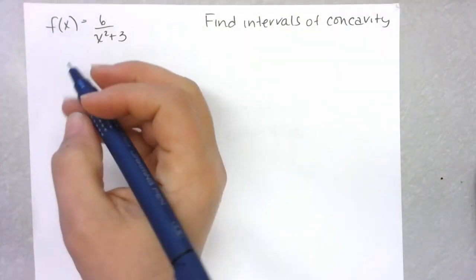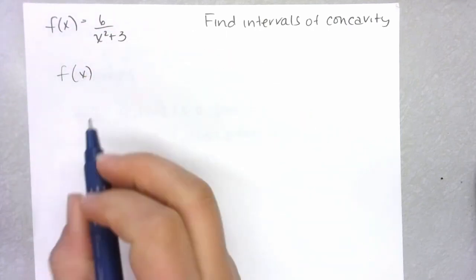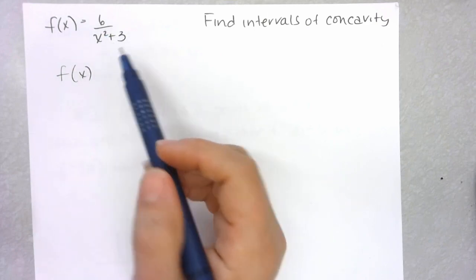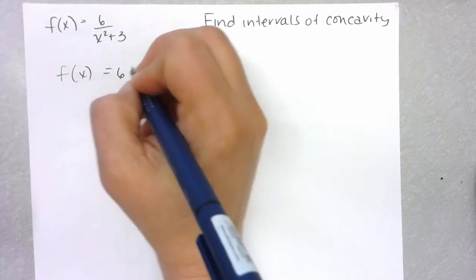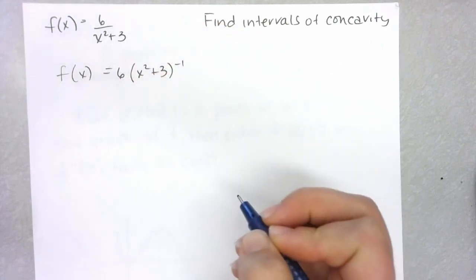I need to find the first derivative on the way to the second. So I'm going to rewrite this. Since I have just a constant in the top, I'm going to pull this up with a negative exponent. So I'm going to write this as 6 times x squared plus 3 to the negative 1 power.